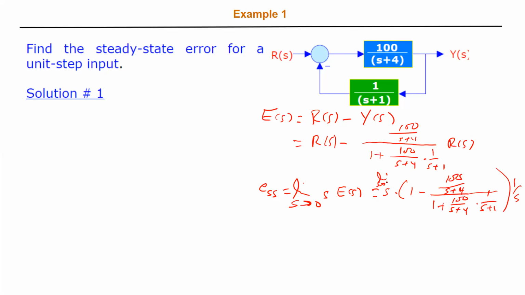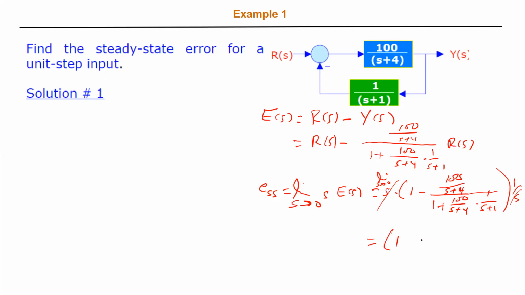Here I have the limit as S goes to 0. So the S here will cancel this S. Then you substitute S equal to 0.